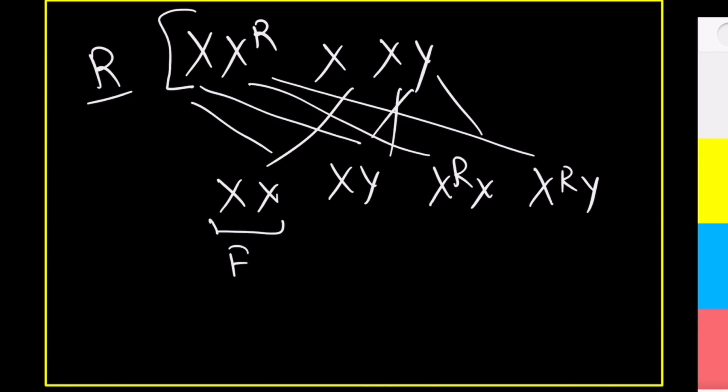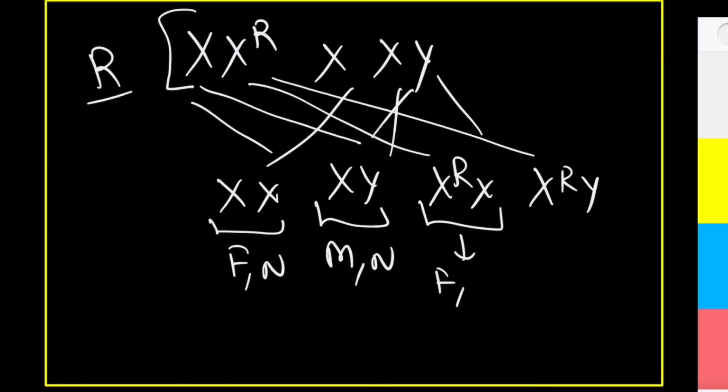Now here you see this one is a female normal, this is a male normal, here it is a female but she is going to have the disease rickets, and this is a male who is going to have the disease rickets.